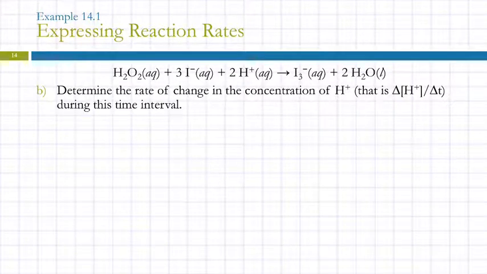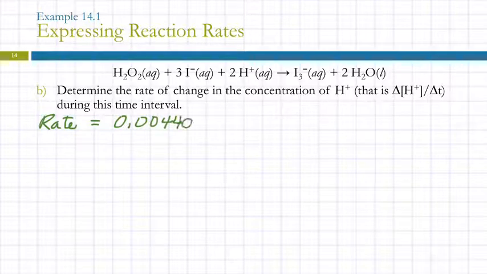Okay, part B. Determine the rate of change in the concentration of H plus during this time interval. So before I forget, we just determined that the rate was 0.0440 molarity per second.